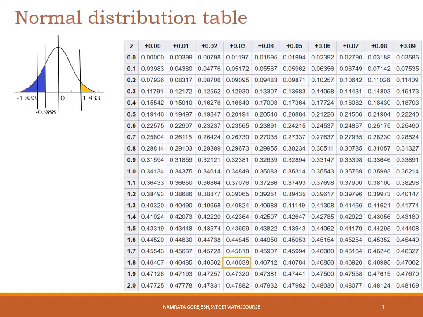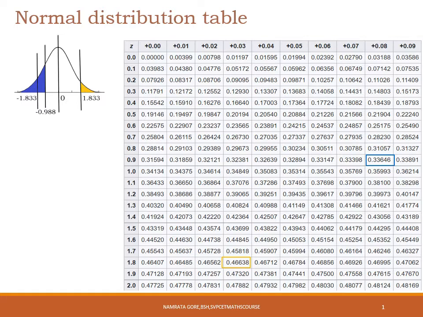Now if we want the area less than minus 0.988, then it will again be 0.5 minus the area between z equal to 0 and z equal to minus 0.988, that is 0.98. So it is 0.5 minus 0.33646 and it comes out to be 0.16354.